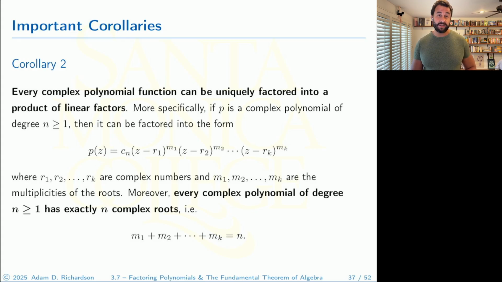If you only allow yourself to use real numbers, remember you can factor it all the way down until you have linear or quadratic factors, just like we saw in the previous example, okay? These numbers here are going to be all the zeros of the polynomial, and these are going to be the multiplicities of those zeros. And because we are factoring over the complex numbers, every complex polynomial of degree n has exactly n complex roots.